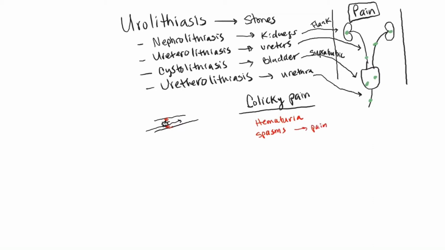That's a big issue. And because you're cutting into the mucous membrane, now you're exposing the mucous membranes, and you may develop infections. Does that make sense? Yes. And those are the issues associated with urolithiasis.